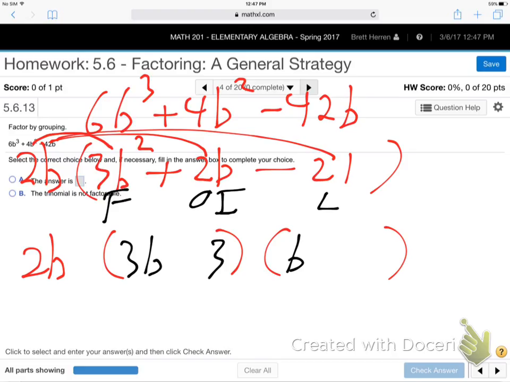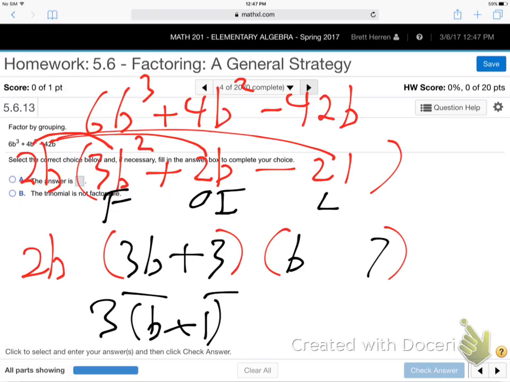7, 3. Now, could it be 3 and 7 like that? Remember how we learned that you're never going to have two numbers in the same parenthesis that have anything in common? Now I can tell you why. I just said it without a reason for it. You're never going to have two numbers in the same parenthesis that have anything in common, let alone the very same number. Because if you had two things that had a 3 in common, you could take out a 3, couldn't you? Well, so what? Why is that the end of the world?